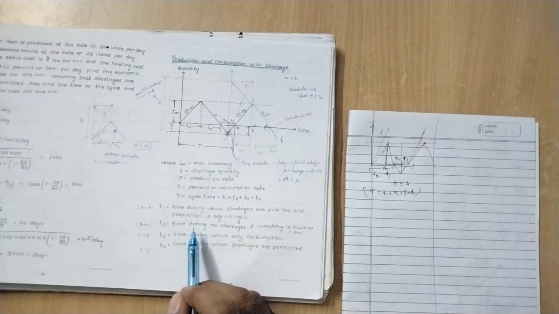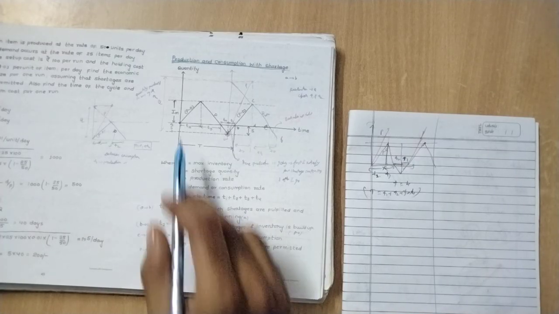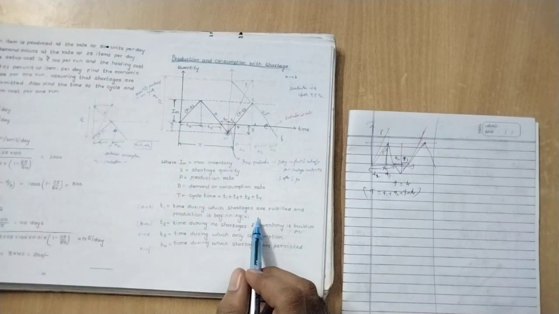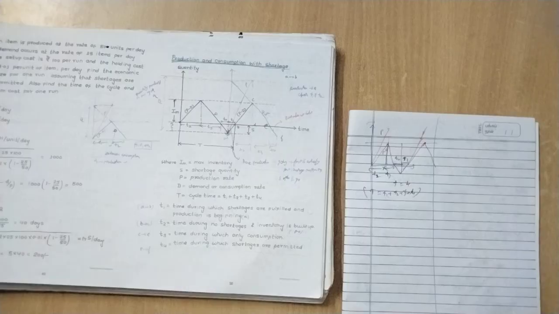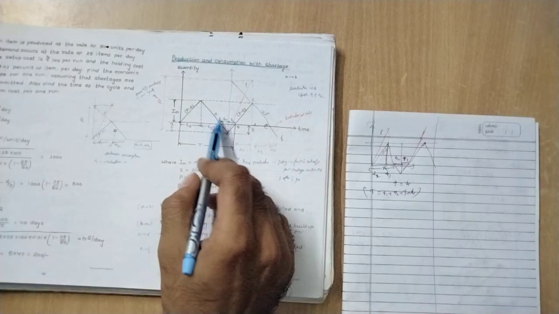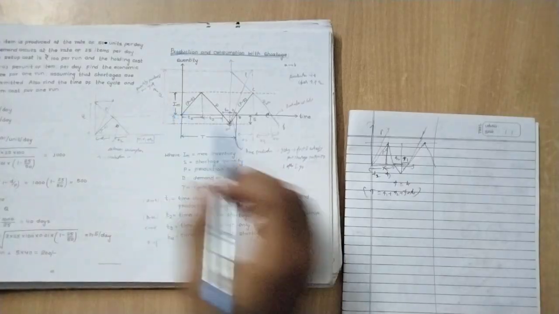T2 is the time during no shortage, where stock builds up, T3 is the time during only consumption, and T4 is the time during which shortages are permitted. So this one is IM.